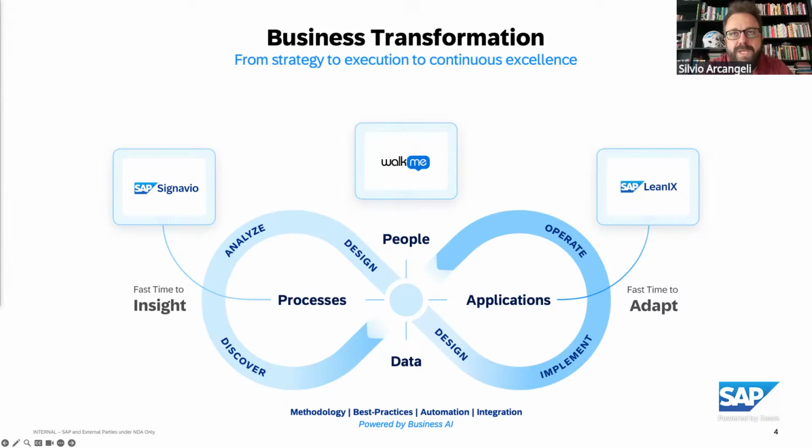Jointly with WalkMe, we can then enable change and adaptation also on the people factor. So that's how the pillars come together. What we focus on is helping large organizations to gather data-driven visibility on the processes and foster change on those processes with the Signavio part of the BTM portfolio.